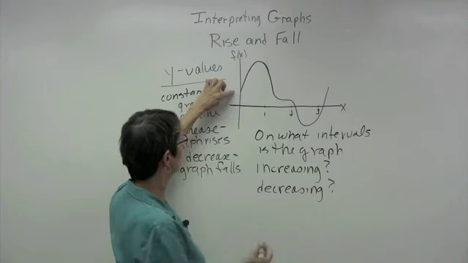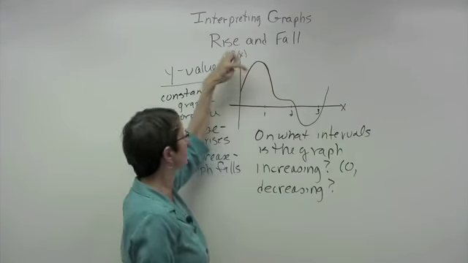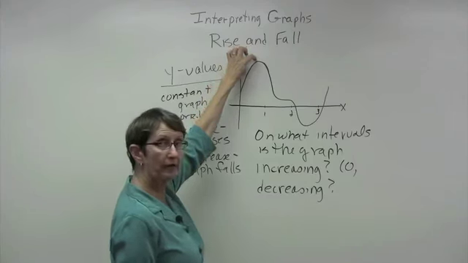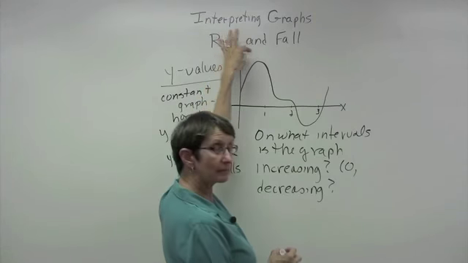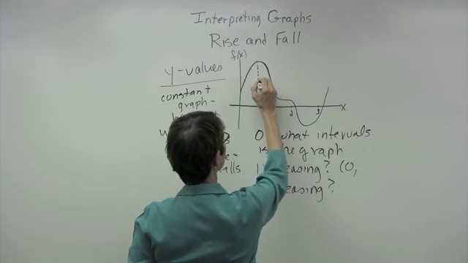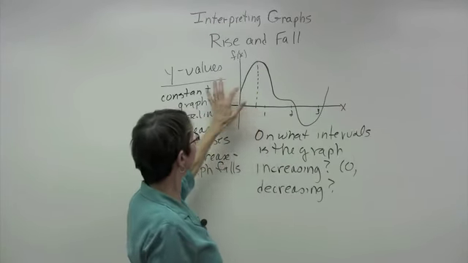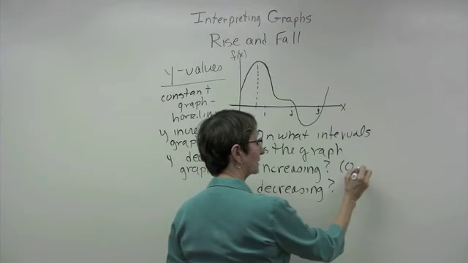So I start here, let's say we start at 0 and it's going up, so that's increasing up to about this point up here. Now we have to estimate quite often. So this high point looks like it might be about 0.7. So it increases from 0 to 0.7.